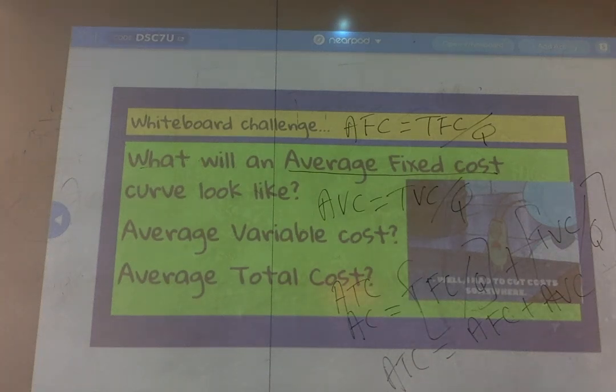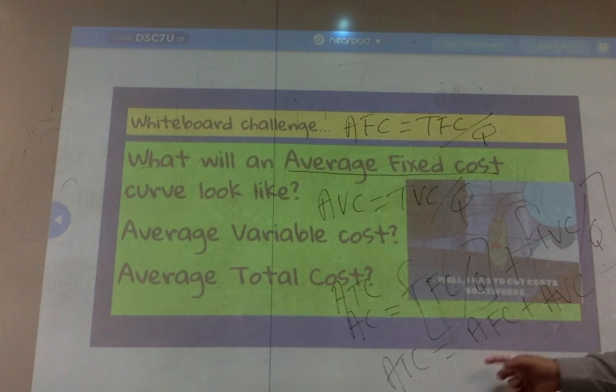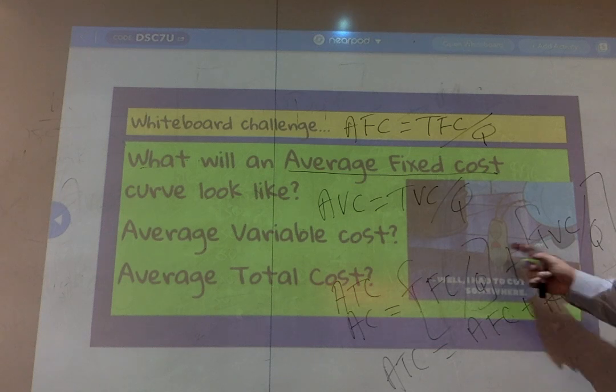Now, the examiner might try to test you a little bit on your maths. And that's not about the economics, that's just the maths of it. So if you're given a part of the equation and have to rearrange it, that's just a math skill that you will need to know.